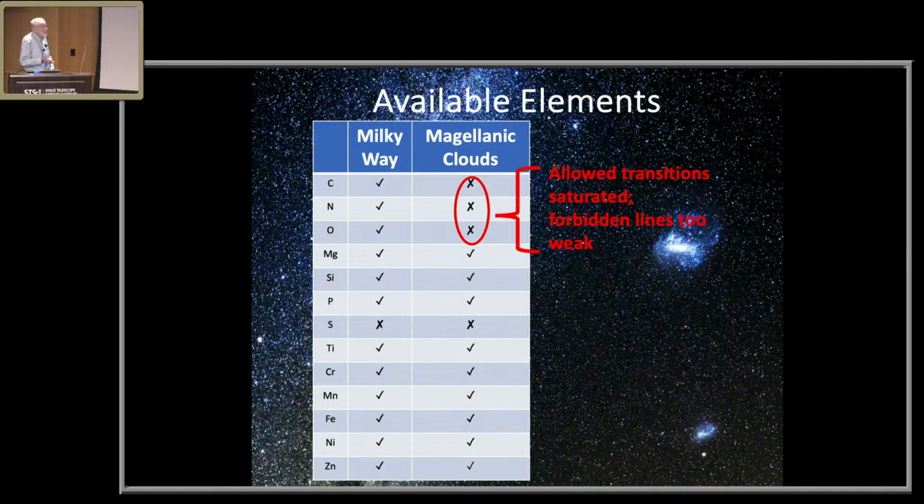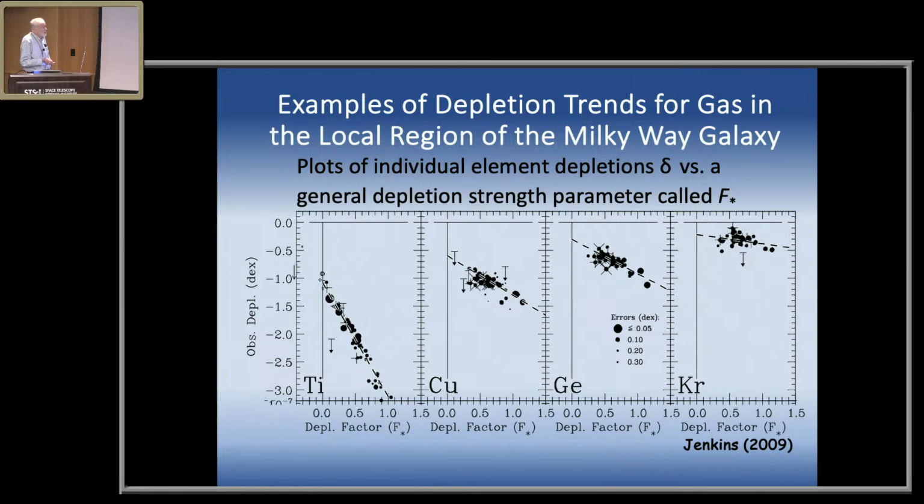That's unfortunate because most of the material in dust is in carbon and oxygen. We can measure all of the other elements except for sulfur because, well, actually you can measure it, but there's a very strong contamination by material in the star's H2 region, and I'll discuss that later.